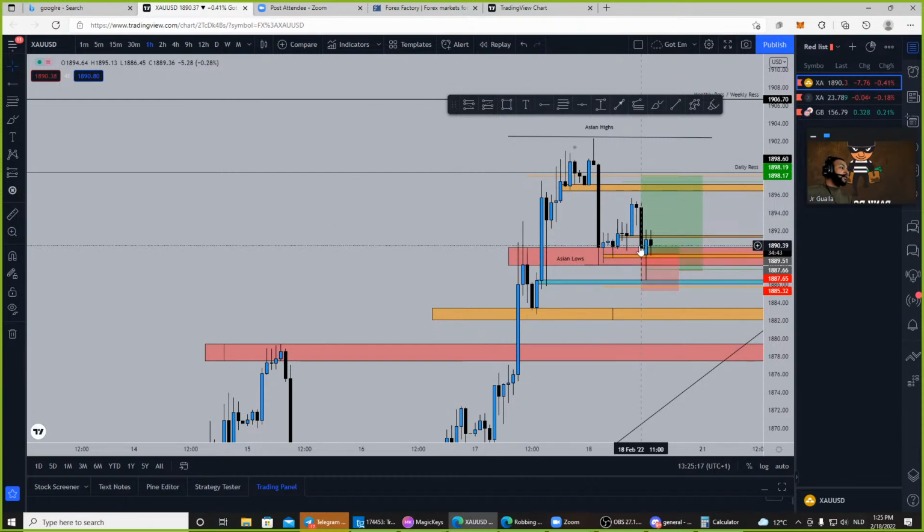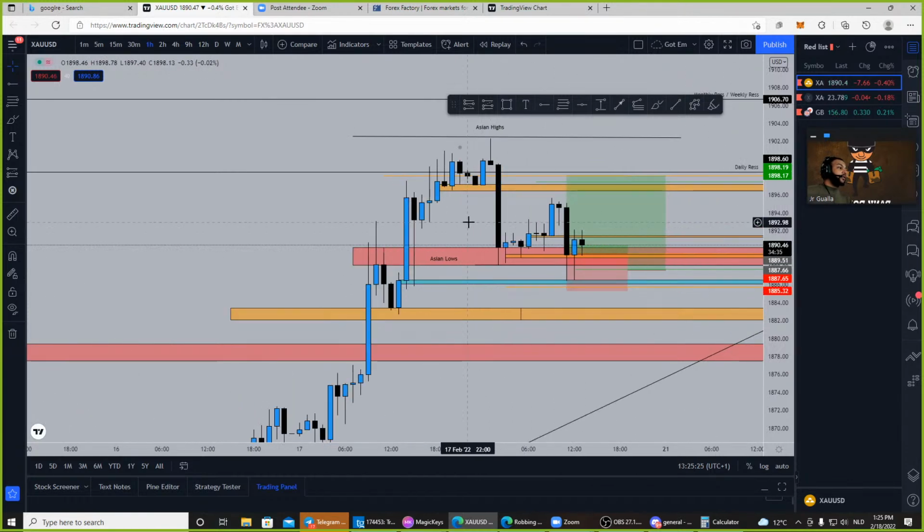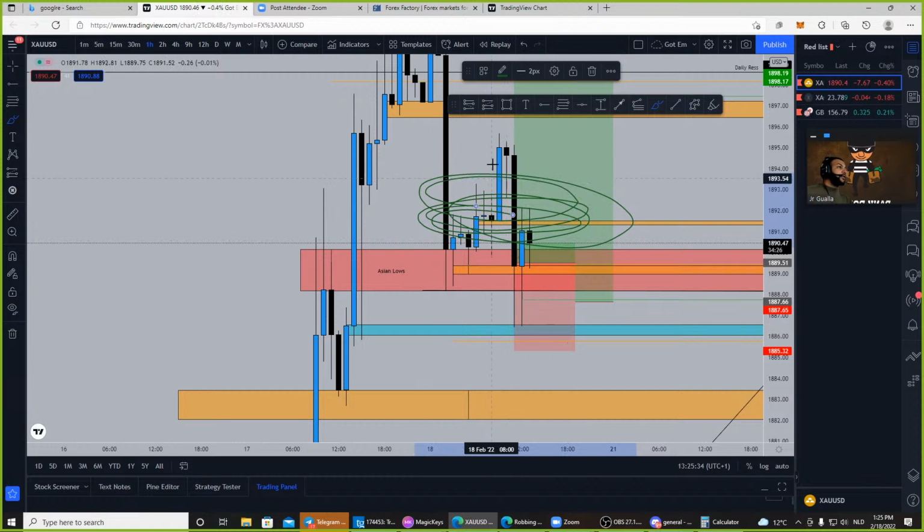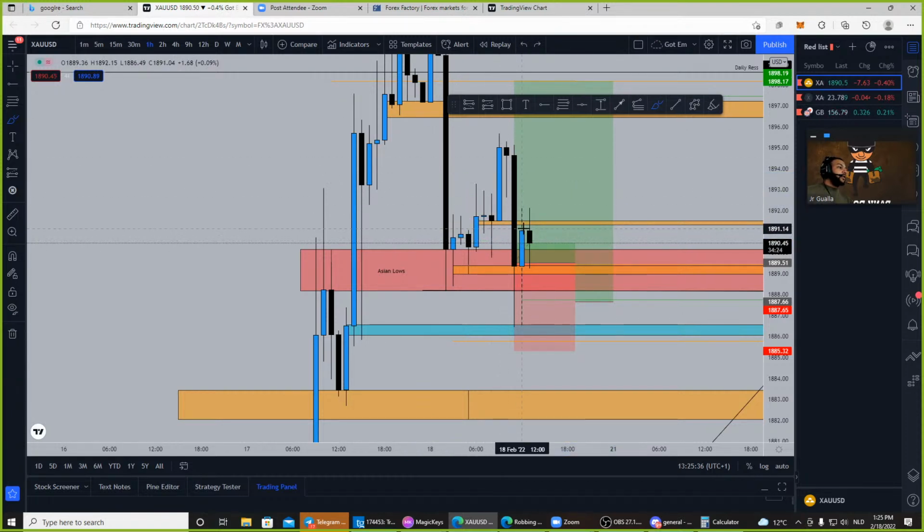Now, if this 1 hour candle starts flipping bullish, then this isn't valid anymore, and then you gotta start managing risk. But if this closes bearish here, then I gotta start managing risk. You know what I mean? This is the battle right here at this yellow line. If you close above, forget it.